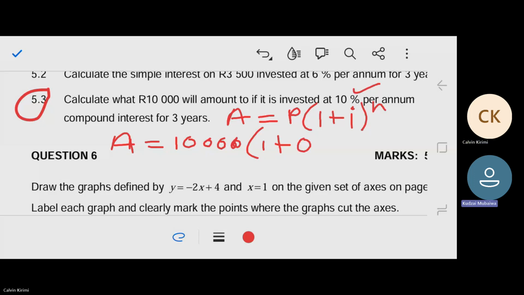Oh, I did not see the 10%. Let's avoid careless mistakes. Let's read.